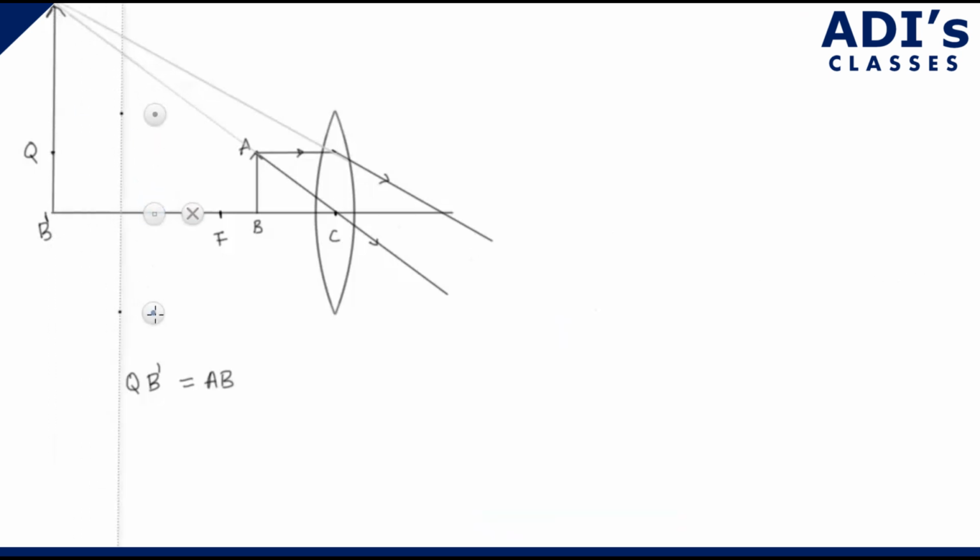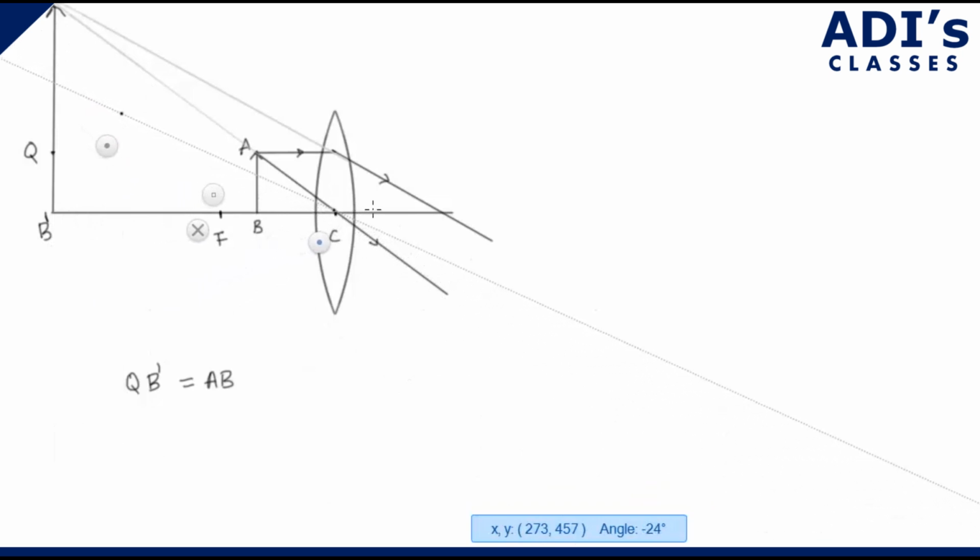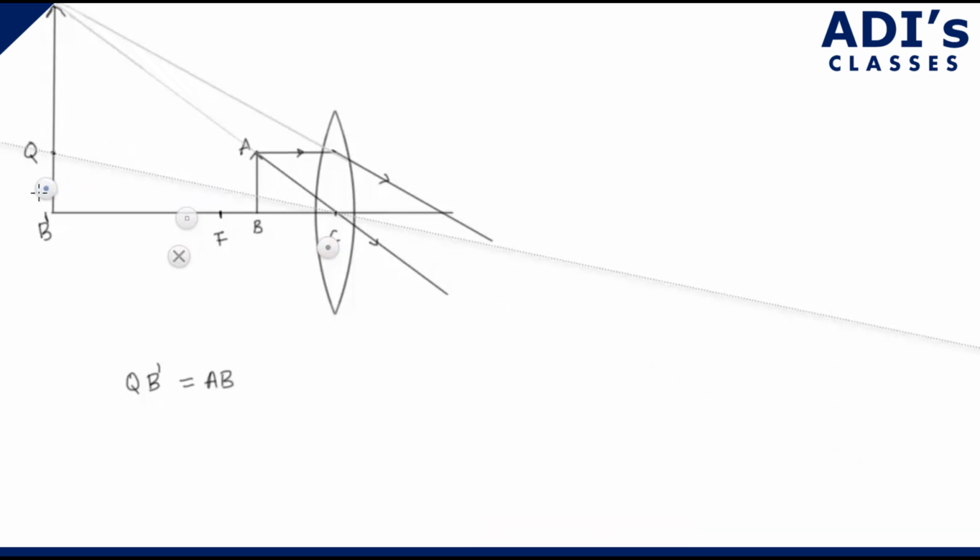We are comparing the height. Now why we need point Q is, suppose we join from the center of the lens to this particular point Q.